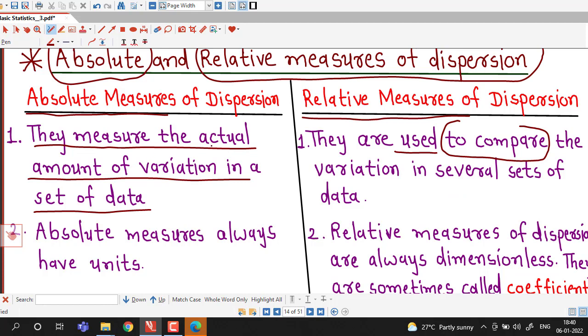So this is the main difference. Relative measures are used to compare the variation in several sets of data. Absolute measures are used to measure the actual amount of variation in a single set of data.